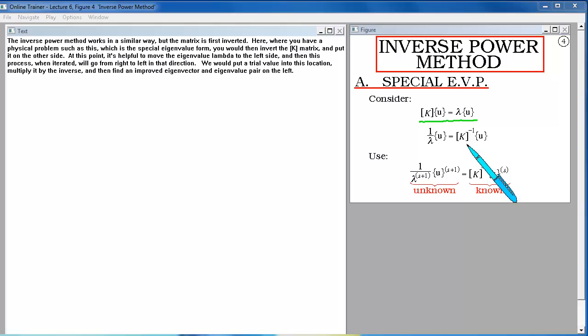At this point, it's helpful to move the eigenvalue lambda to the left side, and then this process, when iterated, will go from right to left in that direction. We would put a trial value in to this location, multiply by K inverse, and then find an improved eigenvector and eigenvalue pair on the left.